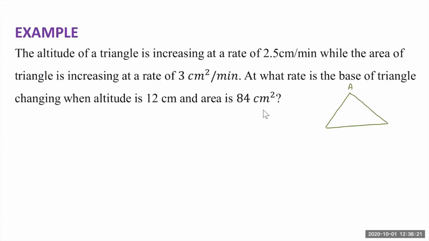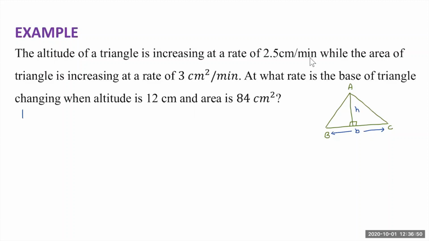Suppose we have a triangle ABC. Suppose the altitude or height of the triangle is H, and the base of the triangle is B. Now let's find out what is there. The altitude of the triangle is increasing at a rate of 2.5 centimeter per minute.